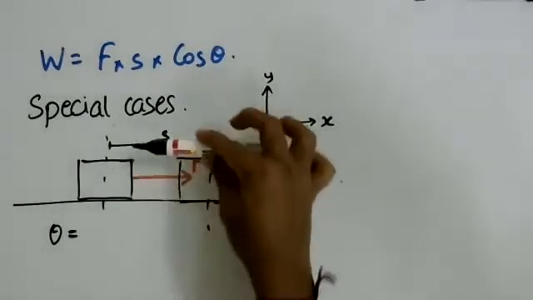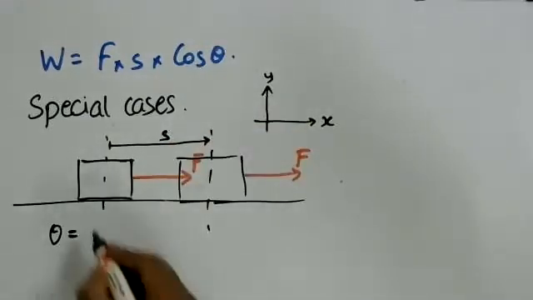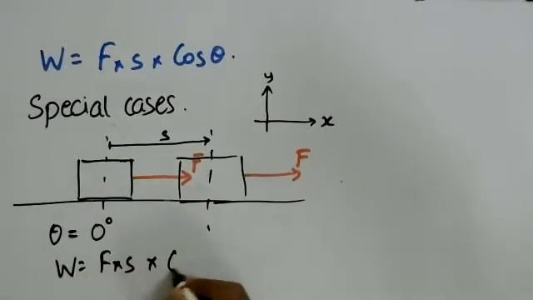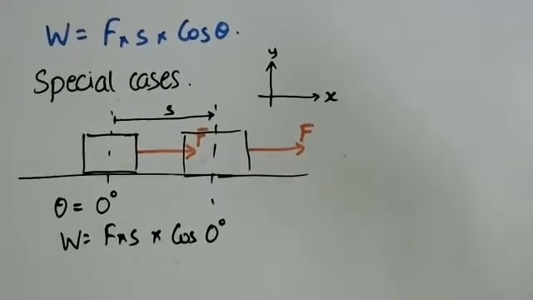Since these two are parallel to each other, the value of theta therefore is 0 degrees. So now you can write down the value as W is equal to F times S times cos 0 degrees. A quick examination of the scientific calculator, or you can Google it, will tell you that cos theta has a value of 1.